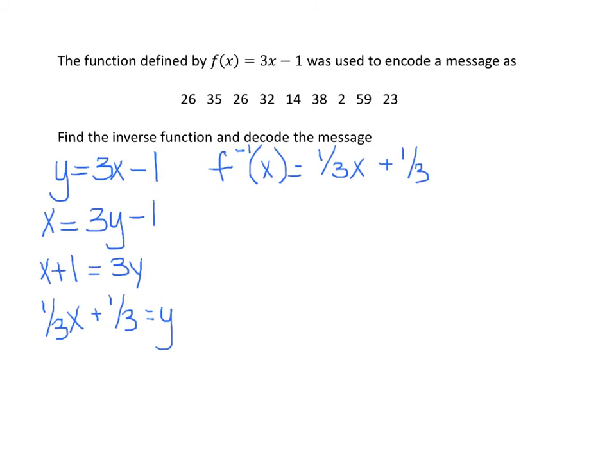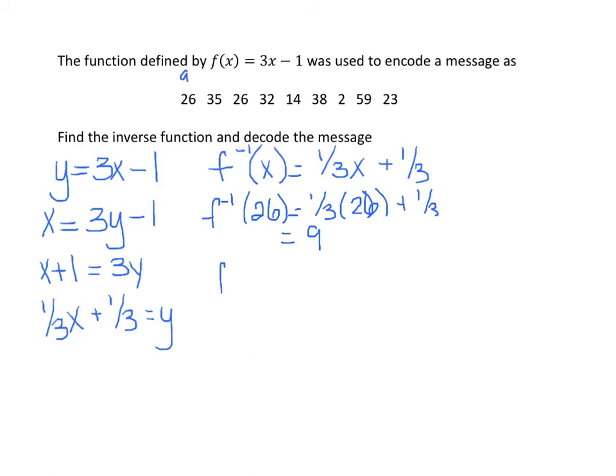What you do now is plug each one of these numbers into this function. The inverse at 26 is 1/3 of 26 plus 1/3, and that gives us 9.